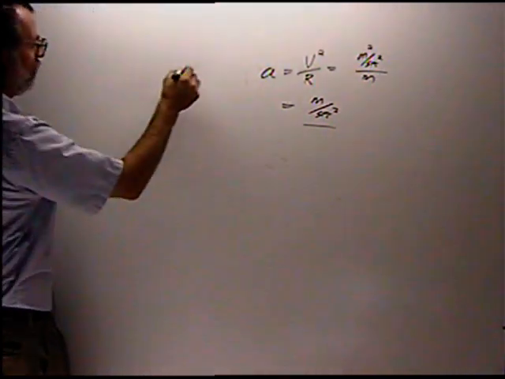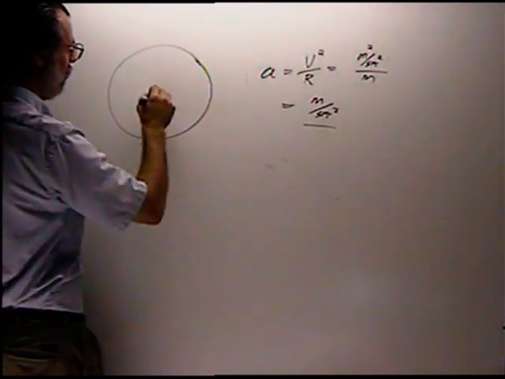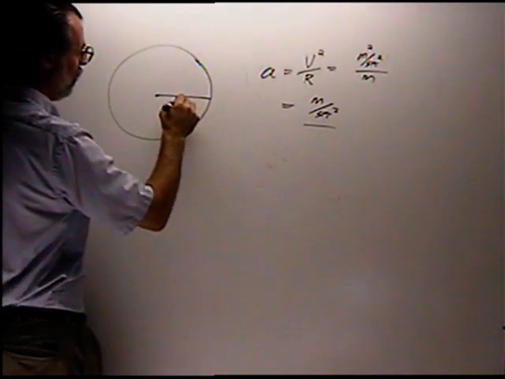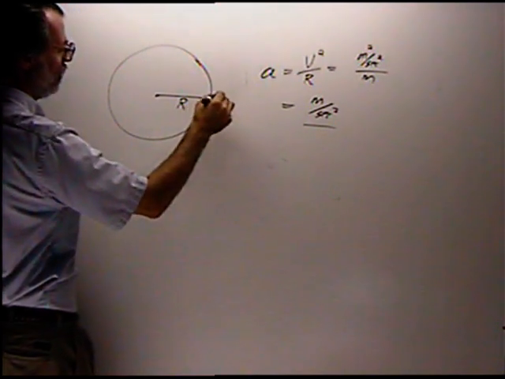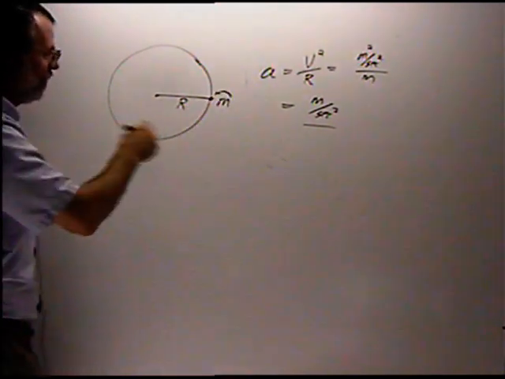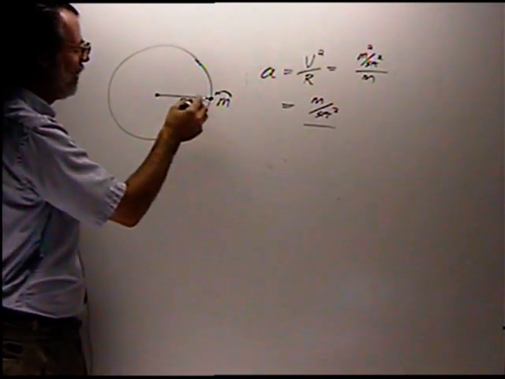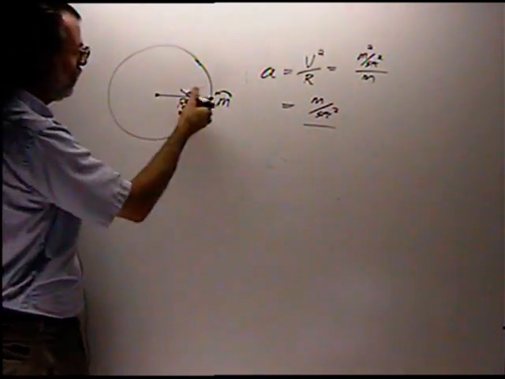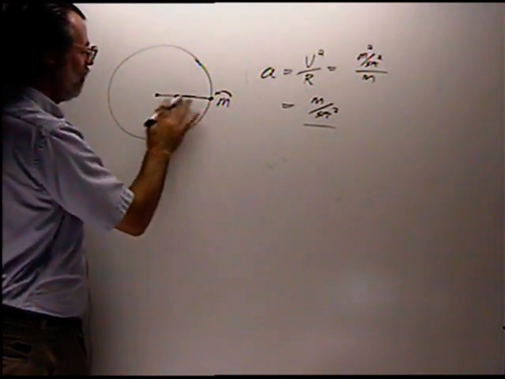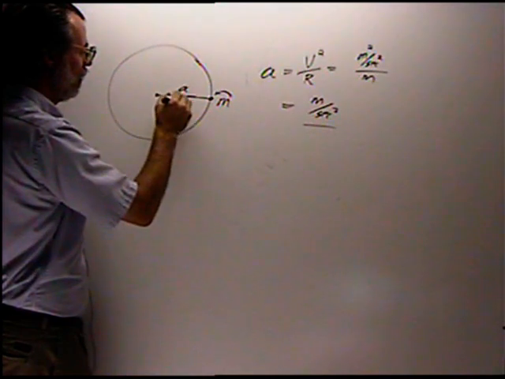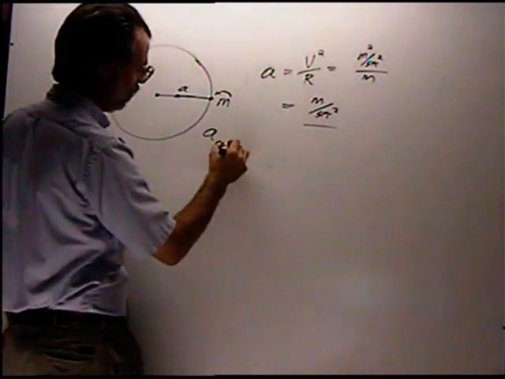So what this means is that when you're spinning a mass around a certain radius, say it's a rock, there has to be an acceleration in order to keep the mass going in a circle. There has to be an acceleration to the center, and that acceleration to the center is the centripetal acceleration.